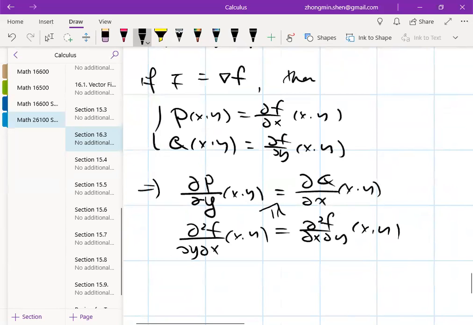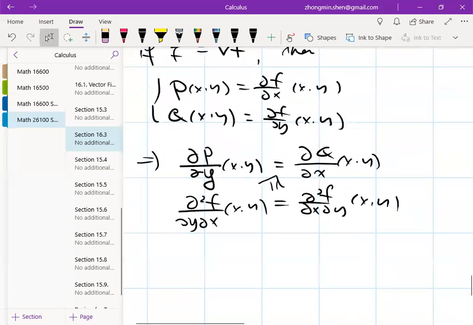If you are given P and Q, how do you check whether this is conservative? You just need to look at the partial derivative of P and the partial derivative of Q and see if they're equal, because this is a necessary condition. Now, I want to say that it's also a sufficient condition.